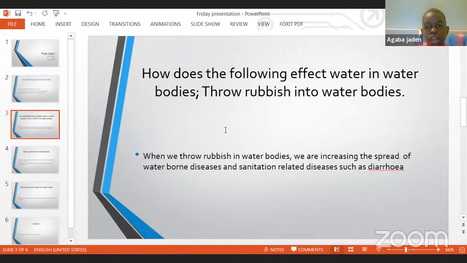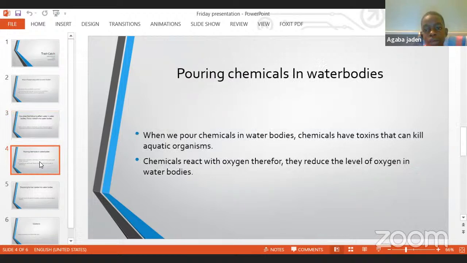Then, how does the following affect water in water bodies? Throwing rubbish in water bodies: when we throw rubbish in water bodies, we are increasing the spread of waterborne diseases and sanitation-related diseases such as diarrhea. Pouring chemicals in water bodies: chemicals have toxins that can kill aquatic organisms.